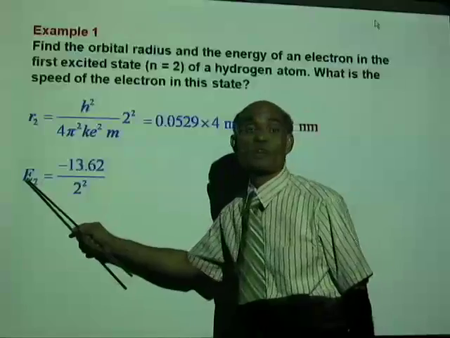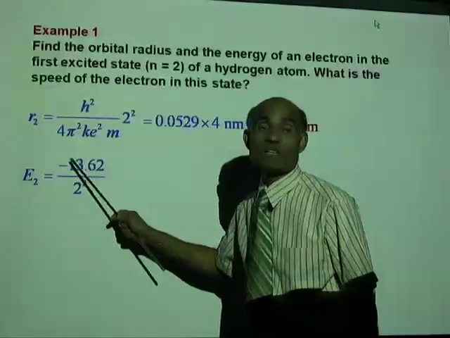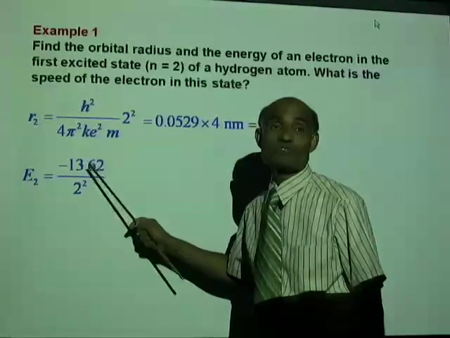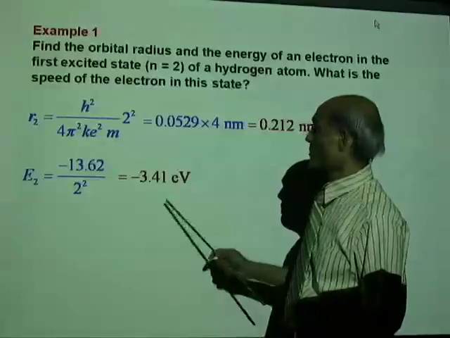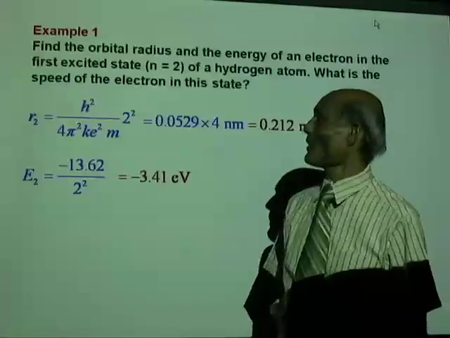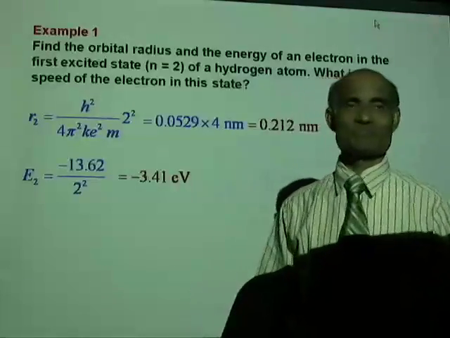And the energy of an electron in that orbit will be negative 13.62 divided by n squared, n equal to 2. And that will be negative 3.41 electron volt.